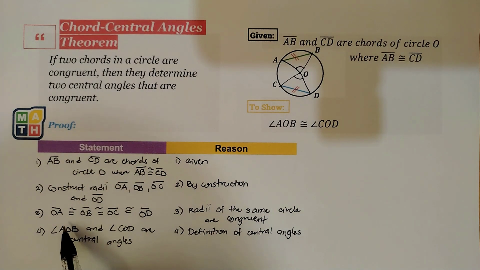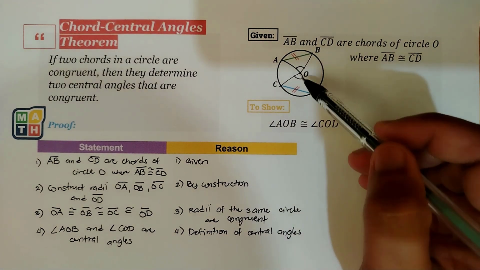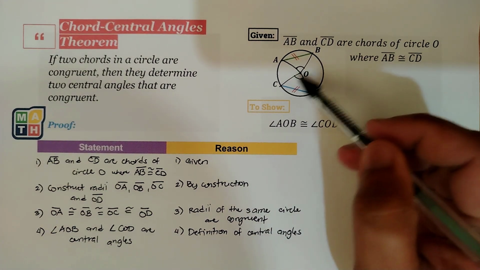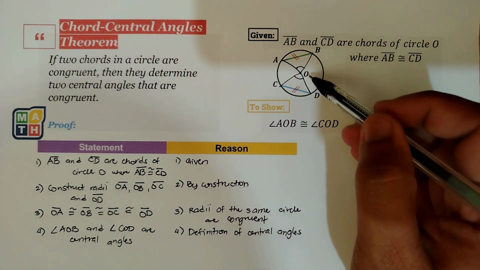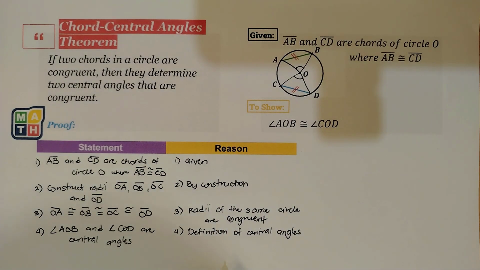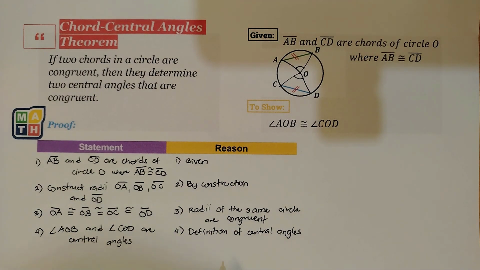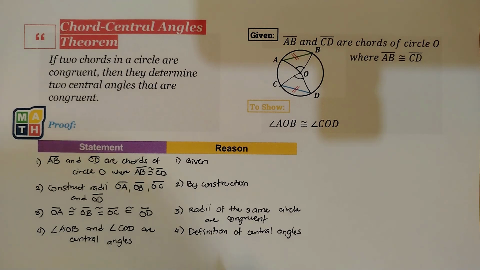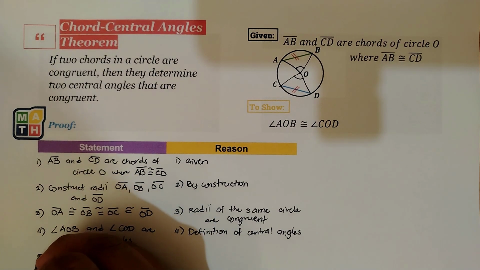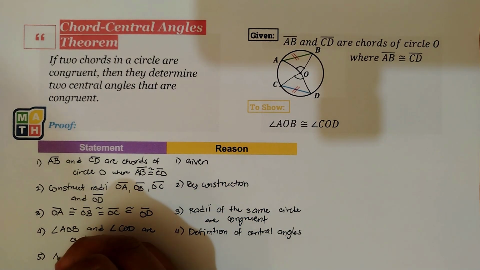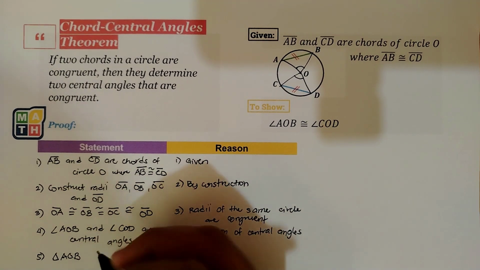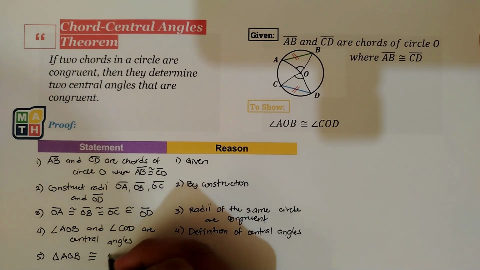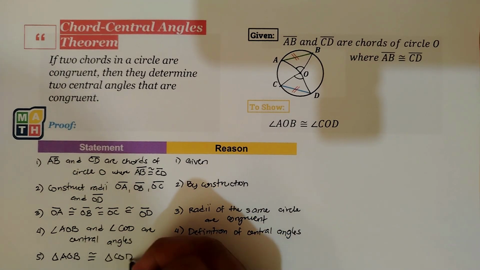And then on our third statement, according to this reason, OA is congruent to OC. And then we have here OB is congruent to OD. So we have shown three different corresponding sides, which are actually congruent to one another. So we can now establish here triangle AOB is congruent to triangle COD.